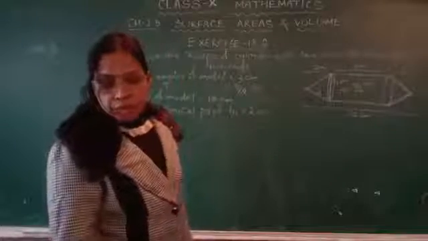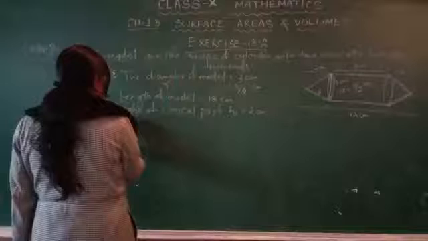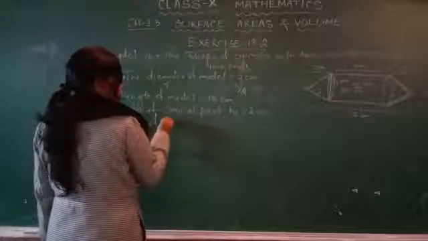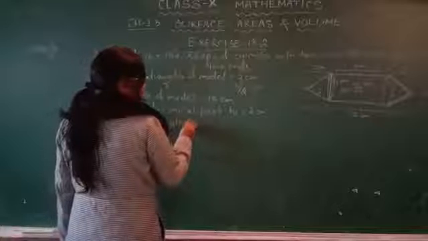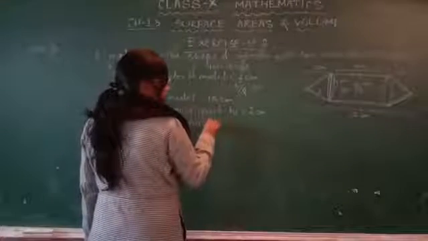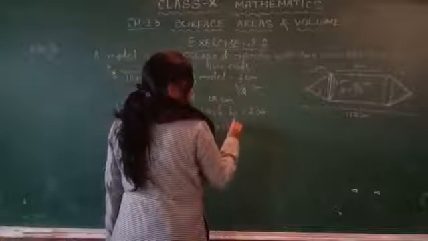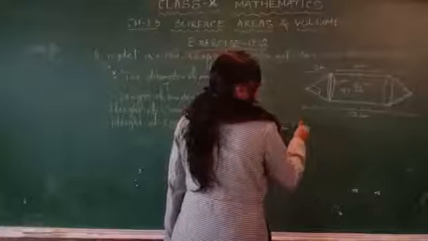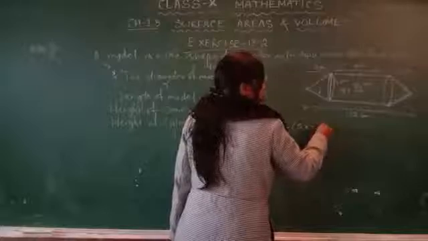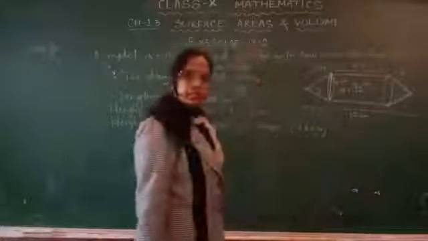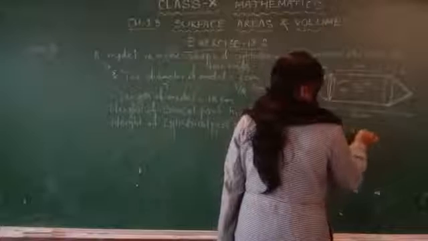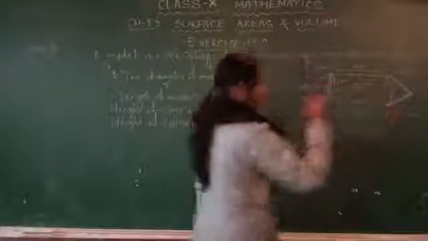So the height of the cylindrical part H2 is equal to 12 cm minus 2 into 2 cm, because at both ends there are cones. So that is 12 minus 4, that is 8 cm.